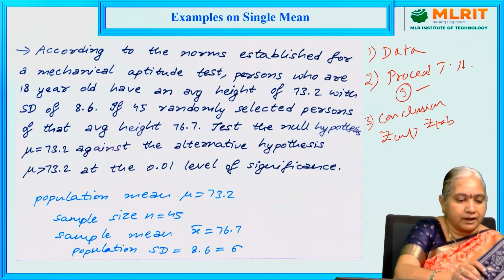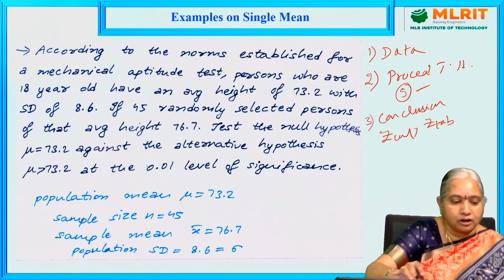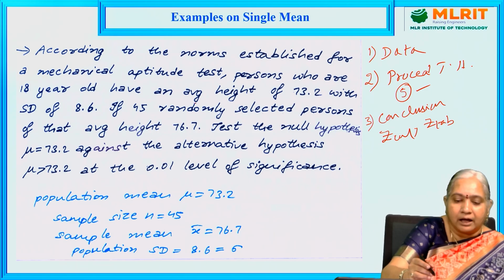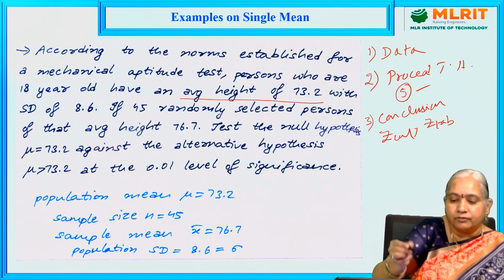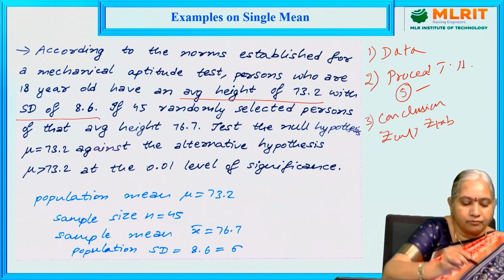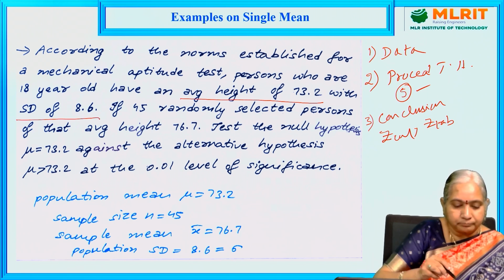So first question: according to the norms established for a mechanical aptitude test, persons who are 18 years old have an average height of 73.2 with standard deviation of 8.6.